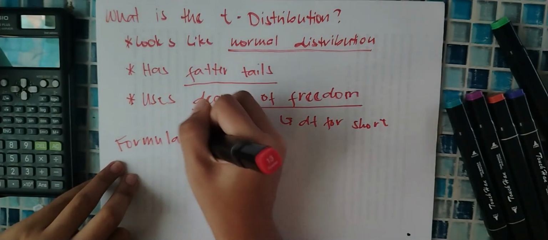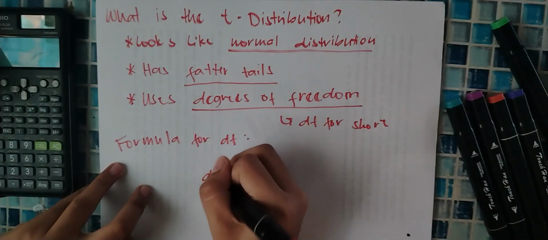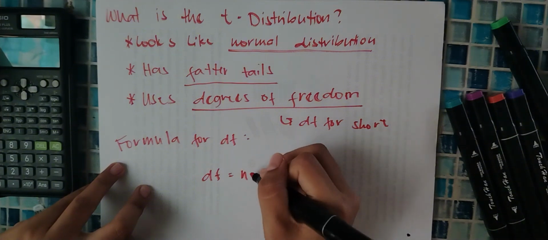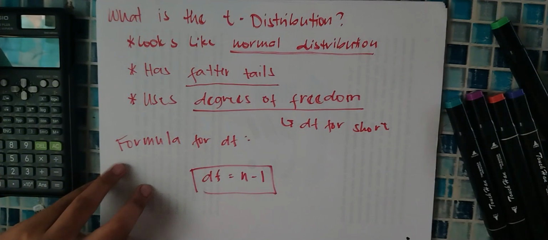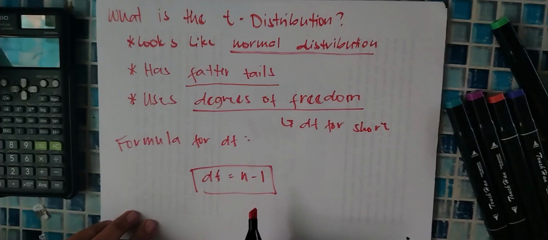The formula for degrees of freedom is df equals n minus 1. So if you have a sample of 5 observations, you have degrees of freedom of 4. If you have 10 observations, you have 9.